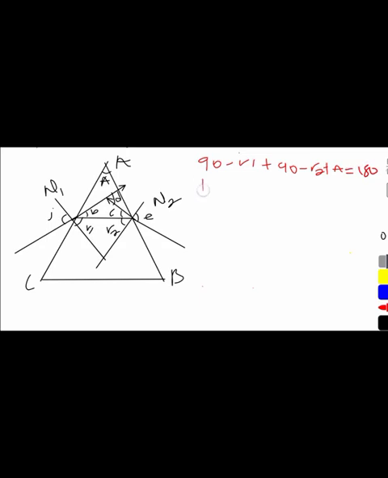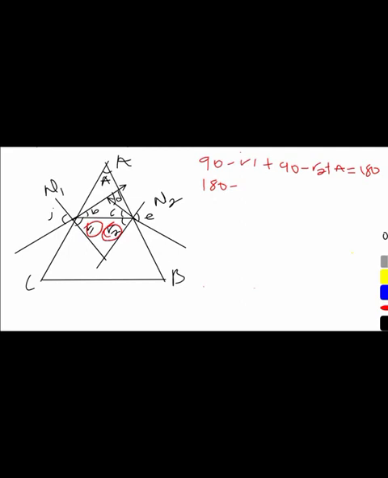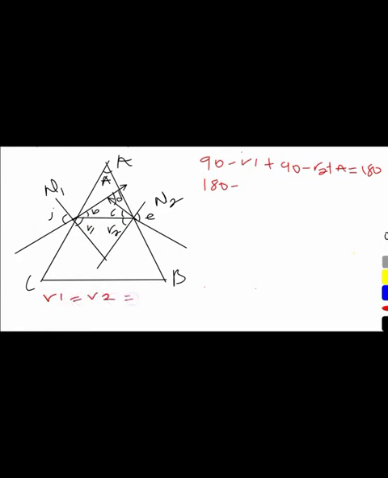So from here we have 180 minus, let's recall that at minimum deviation this angle R1 is equal to angle R2. So since R1 is equal to R2, let's call both R. Then minus R1 minus R2 will be equal to minus 2R plus A, which is equal to 180.